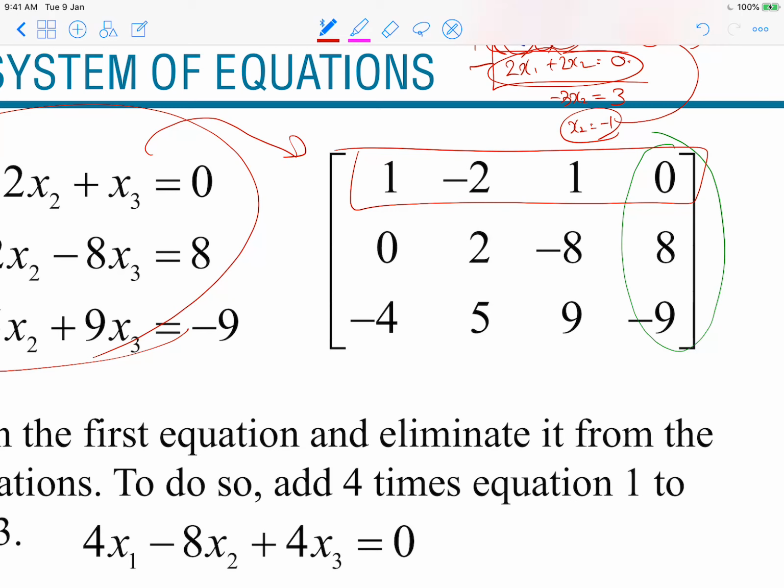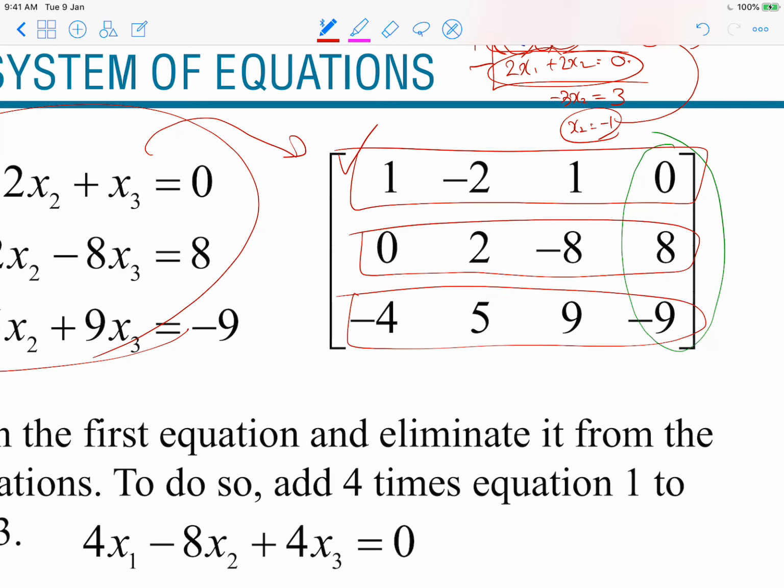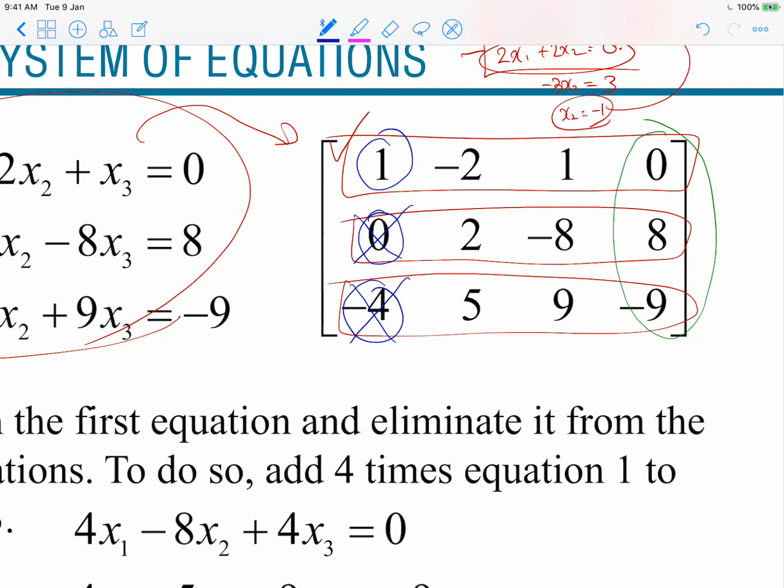The first equation works as an eraser, and the remaining equations will be the ones where we erase the variable. We always erase the first variable first. So by using this variable, we erase this guy and this guy, using 가감법.